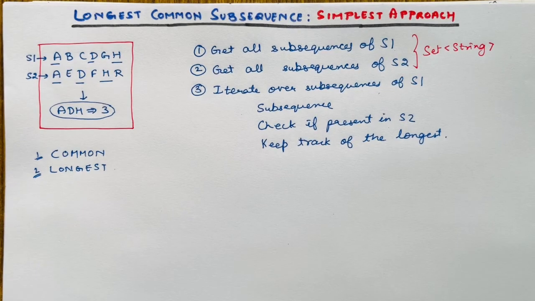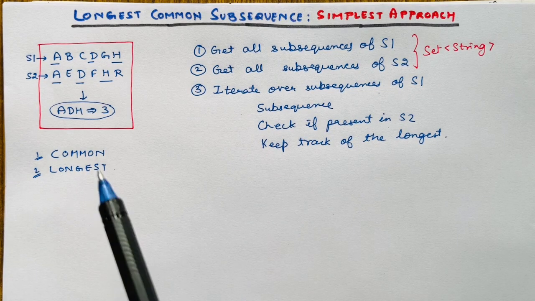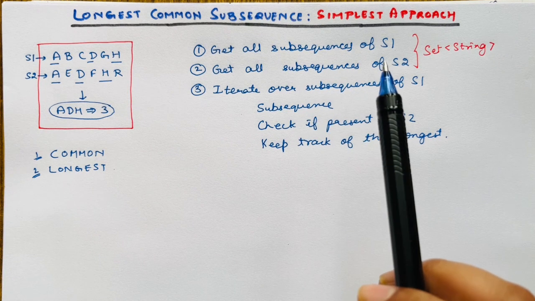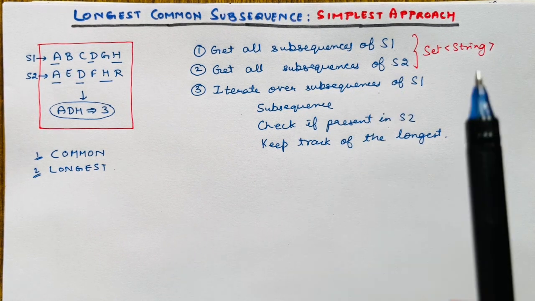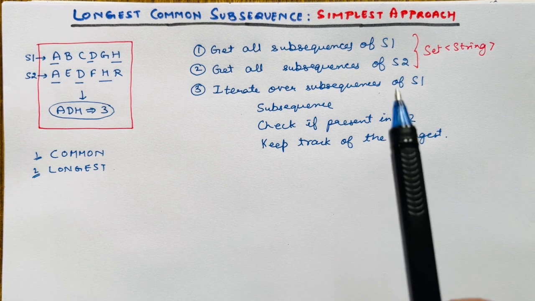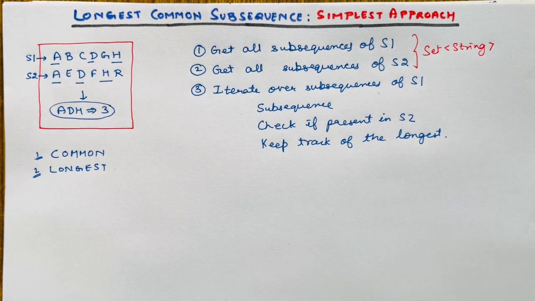In our problem, our aim is to find the longest common subsequence between the two strings. So what can be the simplest method that we can think of? We can get all the subsequences of S1 and put them in a set of string. Similarly, we can get all possible subsequences of S2 and put them in another set of string.